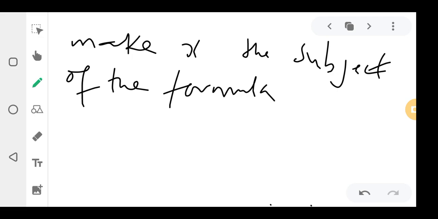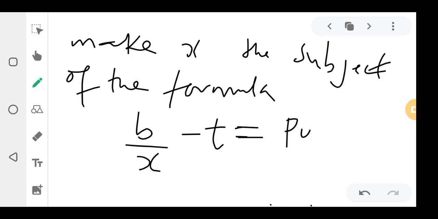Sometimes they may give you b over x minus t is equal to py. That's question 1.